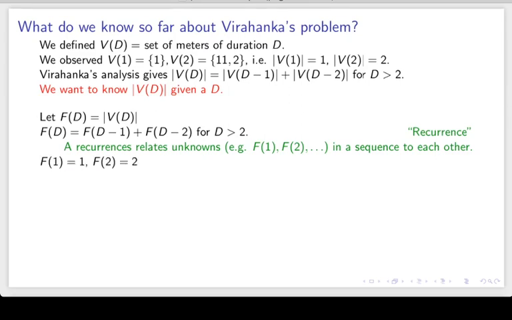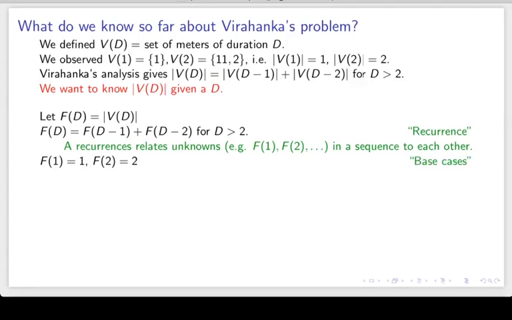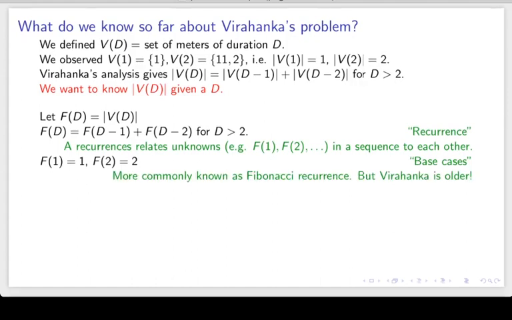And we also got through our fooling around earlier that f of 1 is 1 and f of 2 is 2. These are called the base cases typically. Now you may recognize this to be something more commonly known as the Fibonacci recurrence.